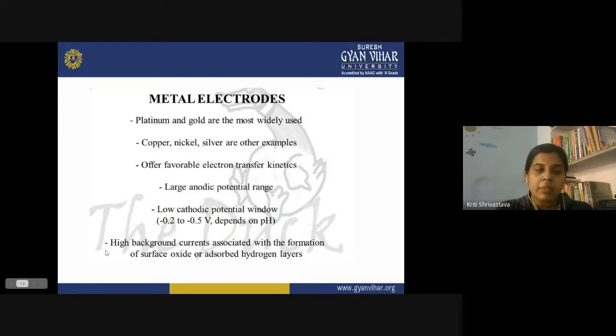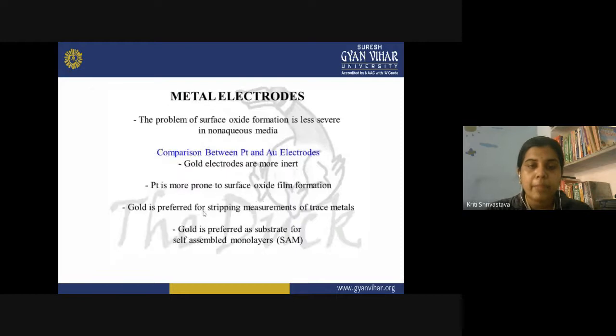But one point that is associated with their use is high background current, associated with the formation of surface oxide or adsorbed hydrogen layers. So this is one of the disadvantages of the use of metal electrodes. This surface oxidation becomes less severe if you are not using aqueous media.